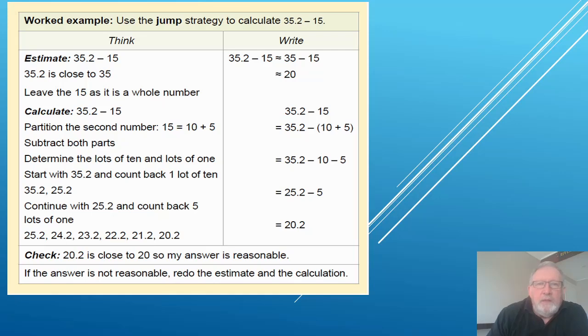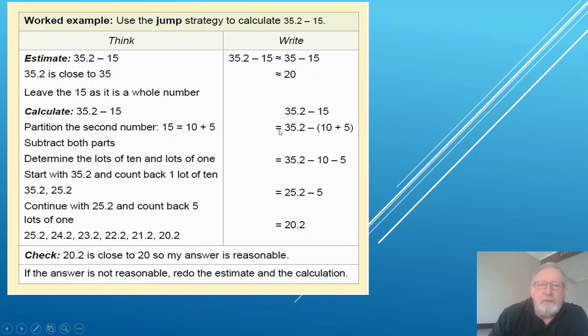Now, in this particular situation, we're going to estimate, and it goes through on the left-hand side what the thinking involved in it is, and on the right-hand side what you write down. So 35 and 2 tenths take 15 is approximately equal, and that's what that symbol there means, approximately equal to.